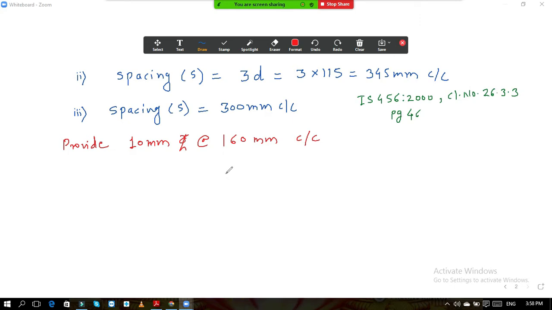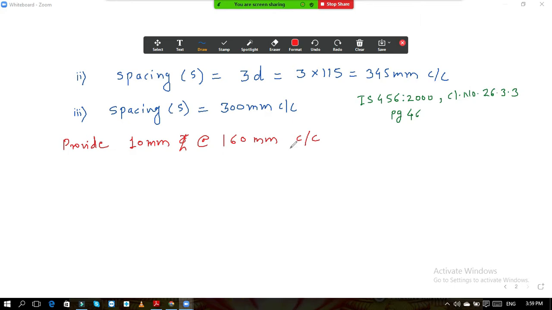But remember, these 6 bars are for 1 meter width. If the width of the slab is 3 meters, then you should provide 18 bars. Are you getting my point? So the reinforcement we have designed, 10 mm bars at 160 mm center to center, is for 1 meter width.